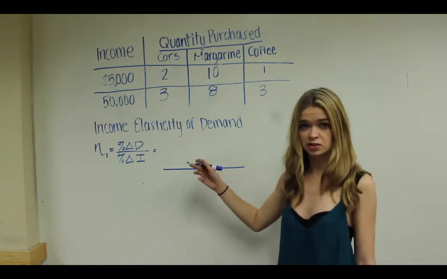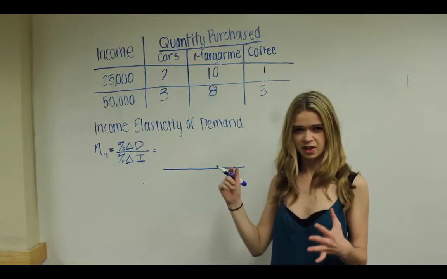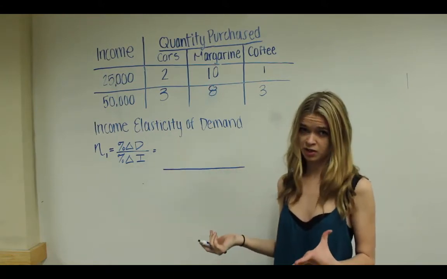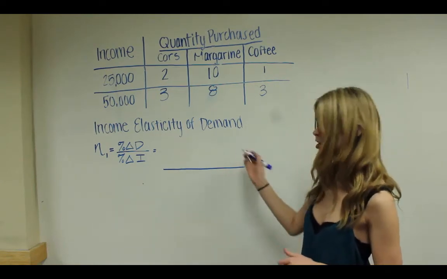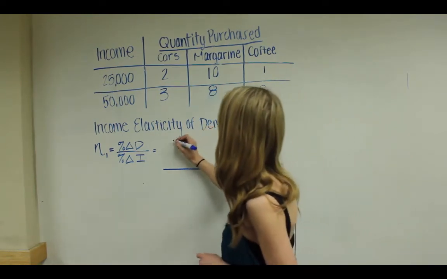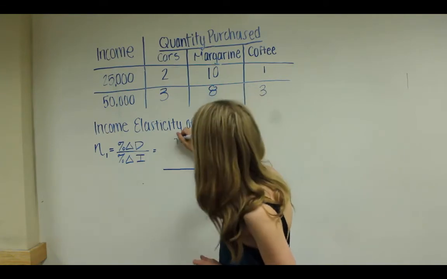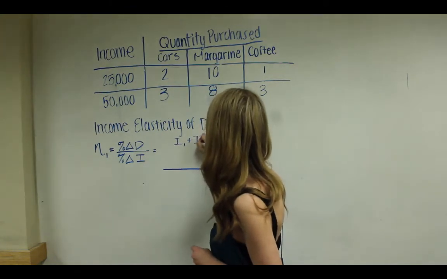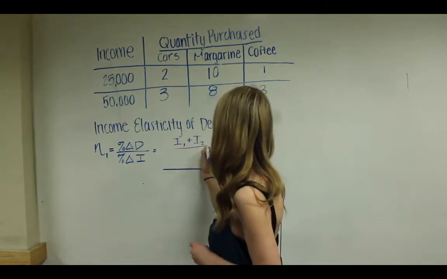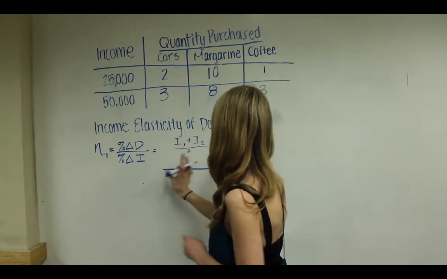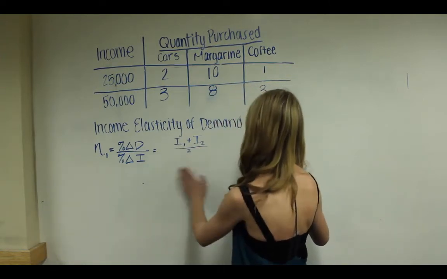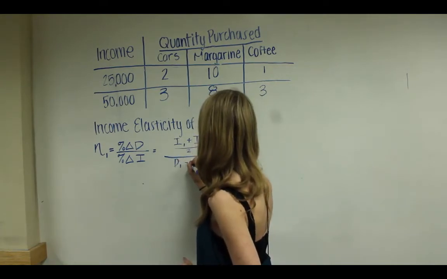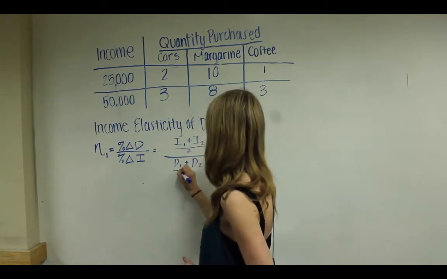Now, there's a little bit of an easier way, sort of like a shortened version of this problem that will allow you to not have to calculate percentages, and it has to do with midpoints. So I'm going to go ahead and write this up here. It's income 1 plus income 2 over 2, all over demand 1 plus demand 2 over 2.